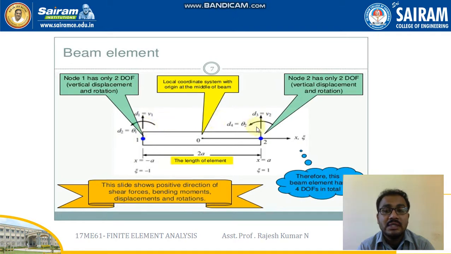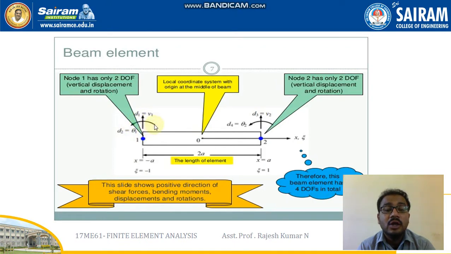Since this is the discussion, I will be showing both the transverse loads at node 1 and node 2 as V1 and V2, and there will also be a slope. At each node, because of the transverse load, the node will undergo a moment. That moment is considered positive if it is rotating in the anti-clockwise direction.